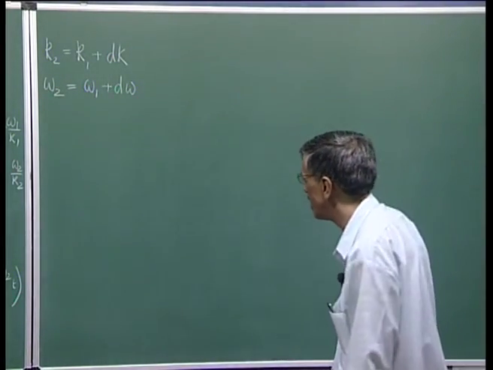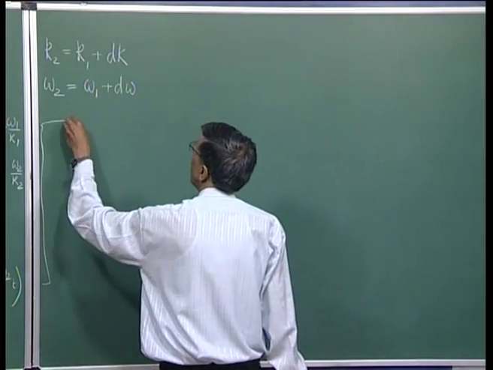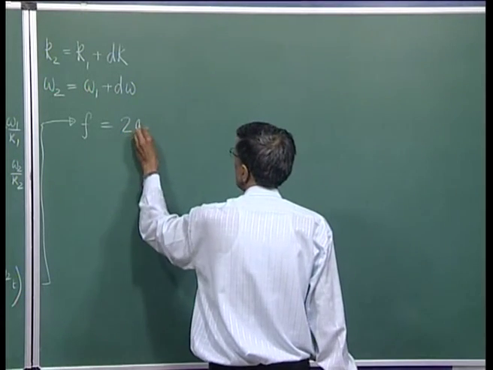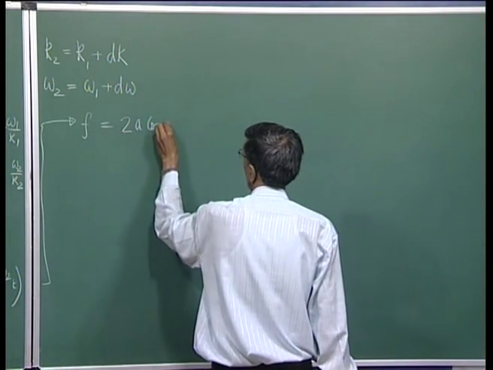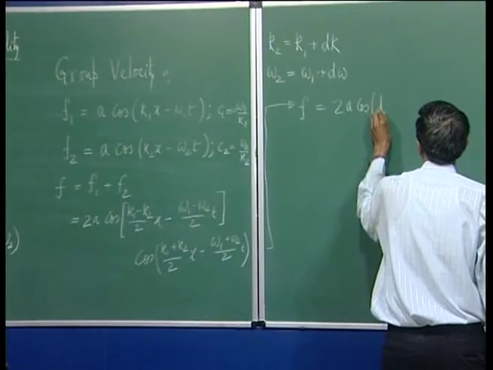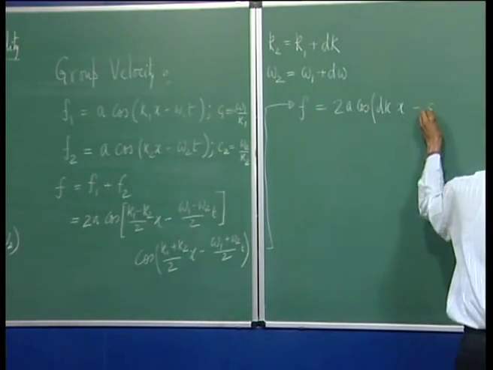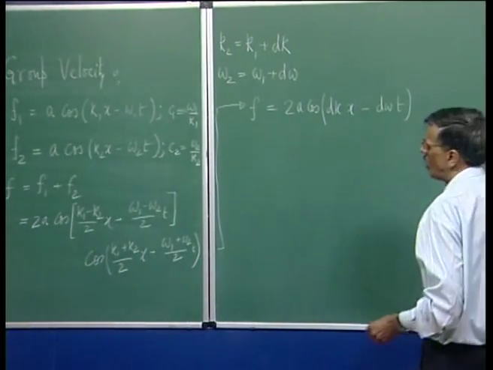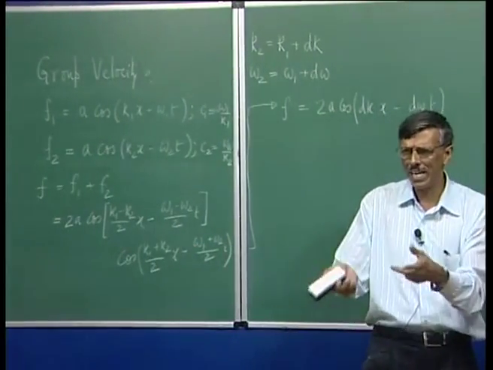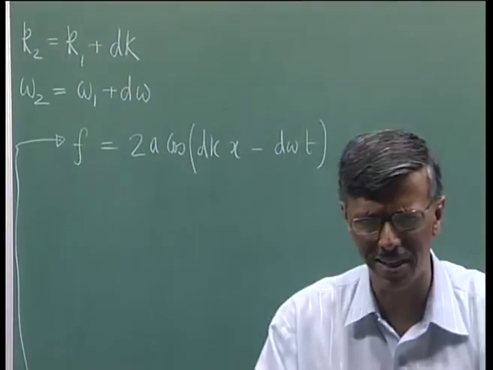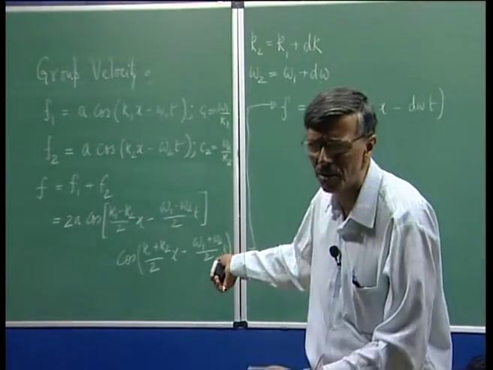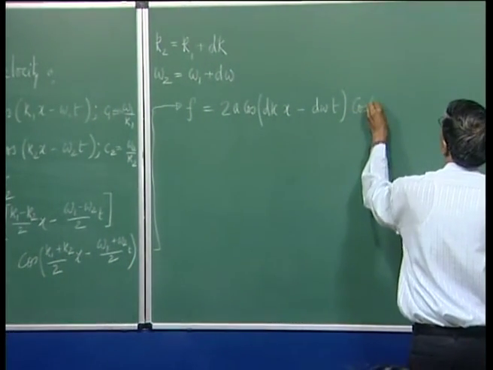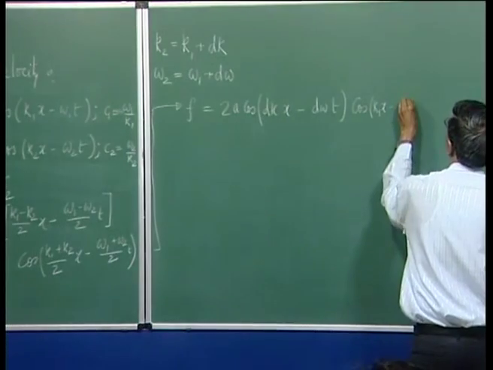And then from here what we are going to see is that f is nothing but 2a cos(dk times x minus d omega times t), and then what about this? This will be like an average. So, that variation would be like k1 or k2 x. So, I could just simply write it as cos(k1 x minus omega 1 t).